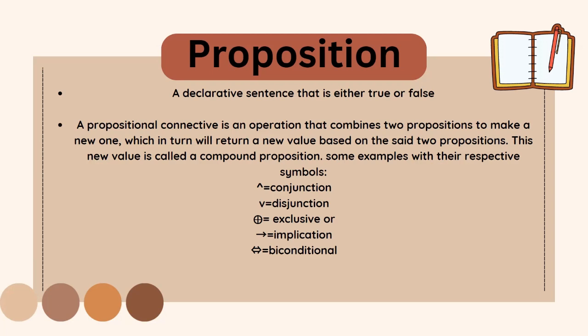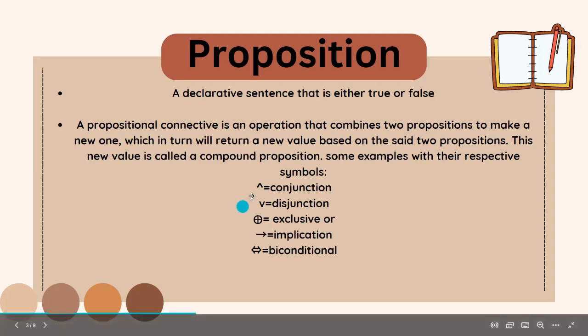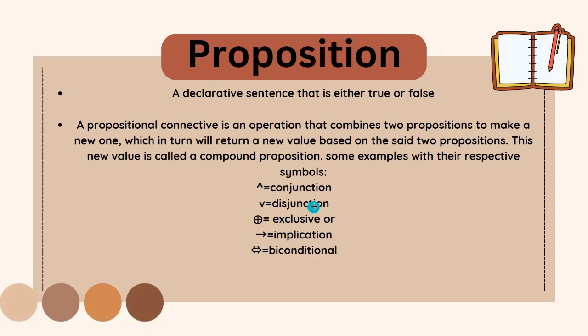So, what are some examples of propositional connectives? Here, as you can see, there are 5 different symbols that represent a propositional connective. The upside down V is basically conjunction, and the V symbolizes the disjunction.